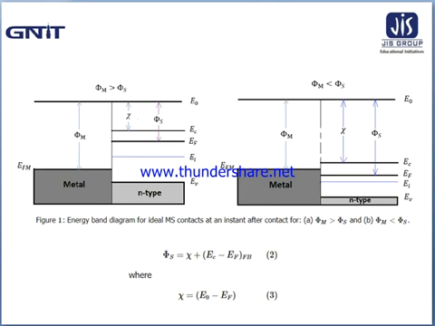Now, there comes the electron affinity, that is chi. Electron affinity is defined as the energy required for moving an electron from the vacuum level to the conduction band.